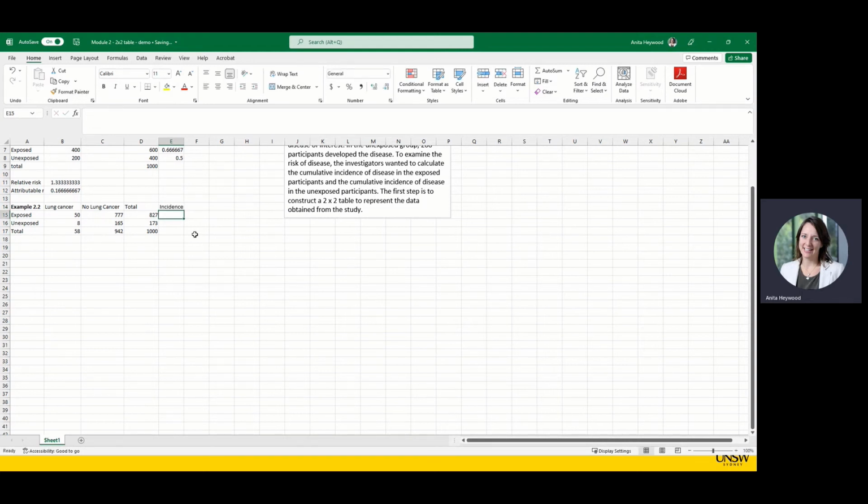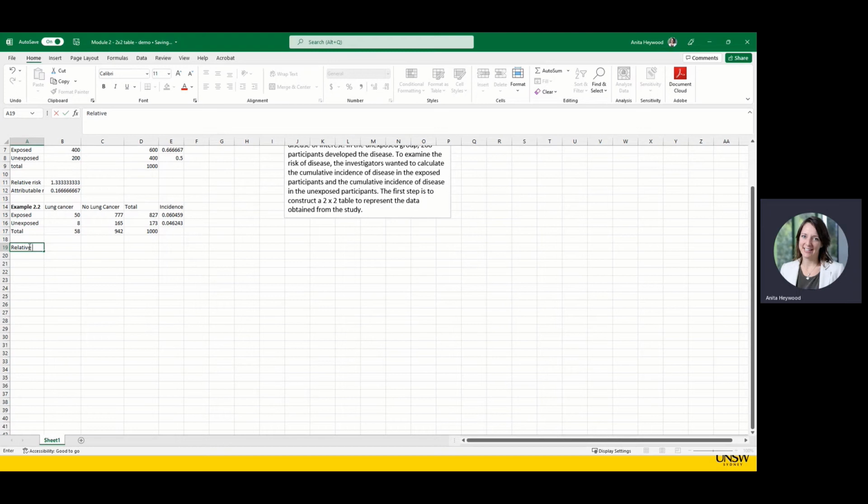So incidence in exposed equals, so 50 cases of lung cancer divided by 827 people. Same for the unexposed, 8 divided by 7.3. And that's our absolute risk, or our cumulative incidence in exposed and unexposed.